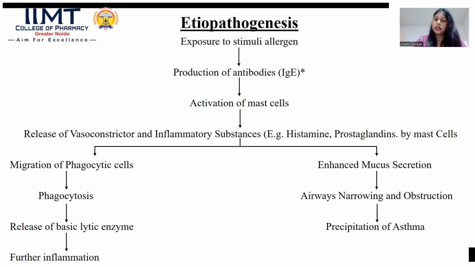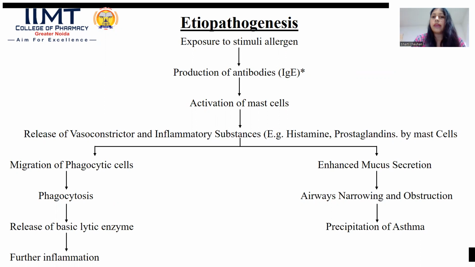Due to which there is a precipitation of asthma. The other process may be migration of phagocytic cells. Phagocytosis, you have already heard about. Phagocytic cells are basically the military of our body.